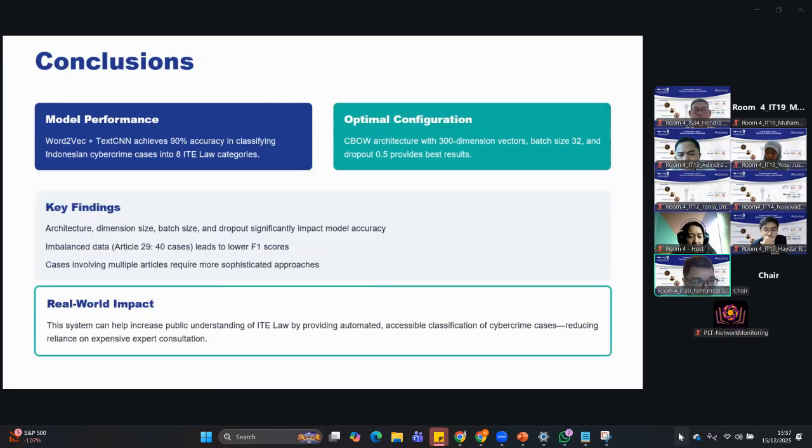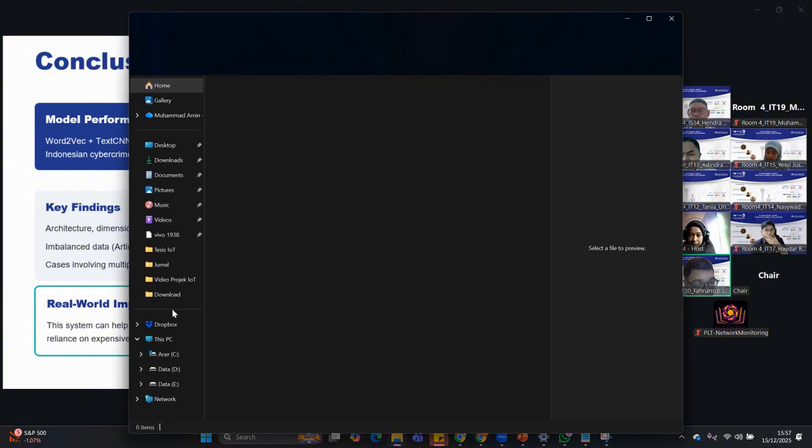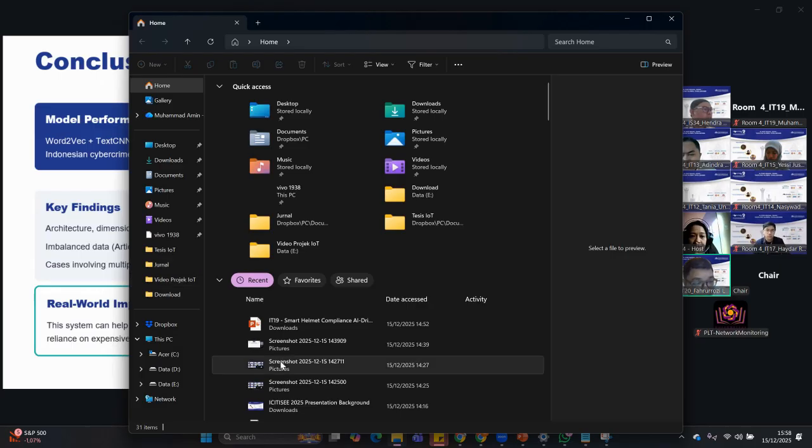For the conclusions, first, the text processing was effective, achieving 70% accuracy for classifying Indonesian cybercrime cases into 8 IT law categories. Second, our optimal configuration, CBOW architecture with 300-dimensional vectors, batch size 32, and 0.5 dropout, provides the best balance of accuracy and efficiency.